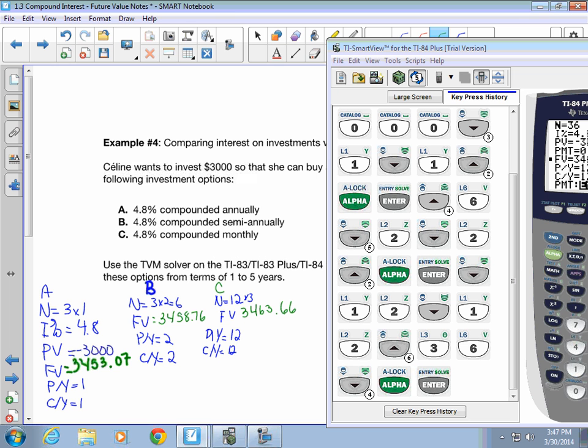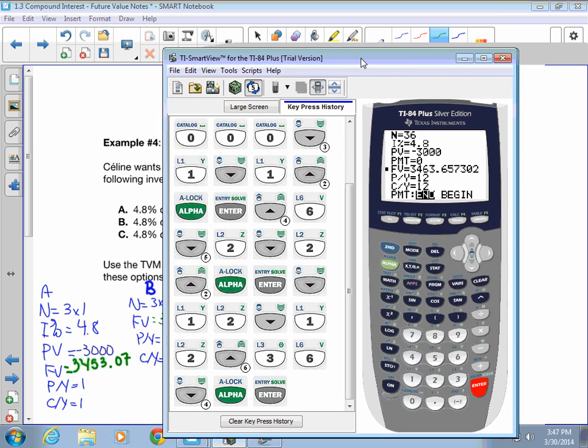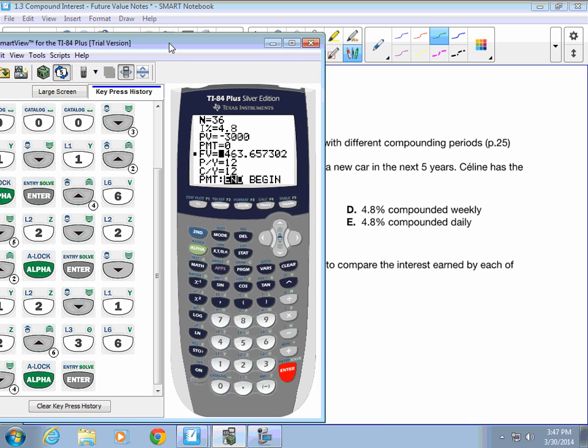Okay, our D for this one then, I'm just going to scooch this over to the other side. So D was for compounded weekly. The number of periods, we're doing this for 3 years, and we're doing it weekly, so that's 52.